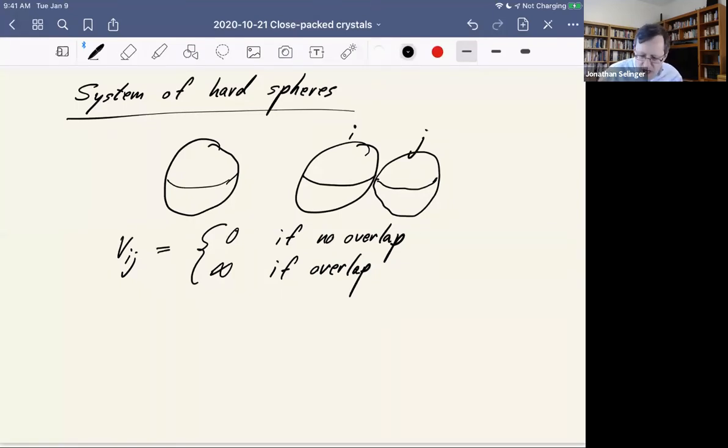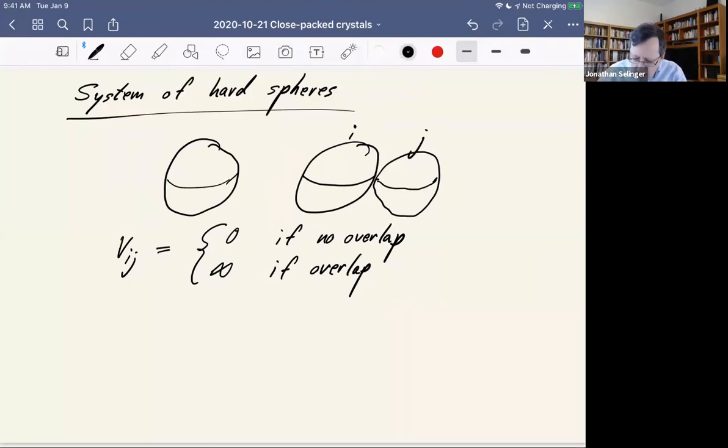Okay, so now suppose we try to fit more and more of these spheres into a certain volume. Right? So we are going to increase the density of the spheres and reduce the total volume available for spheres.